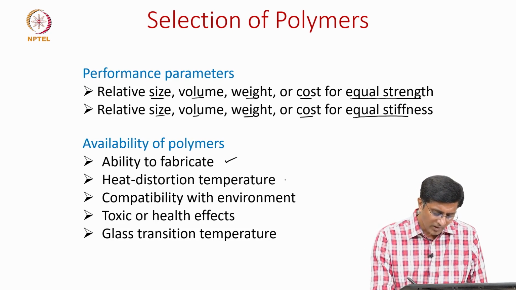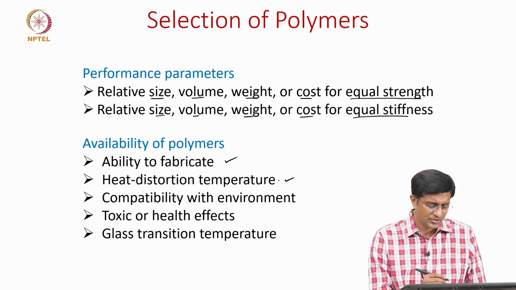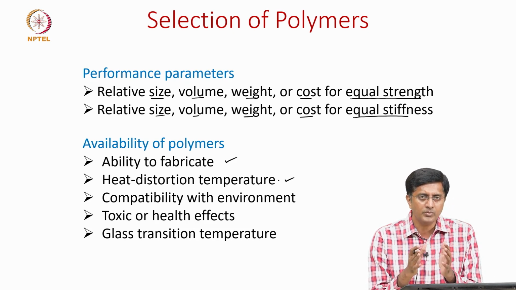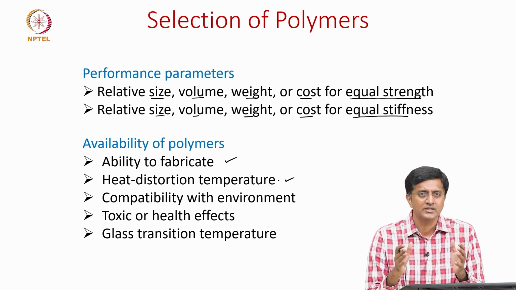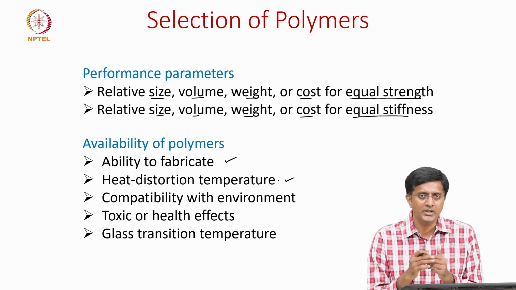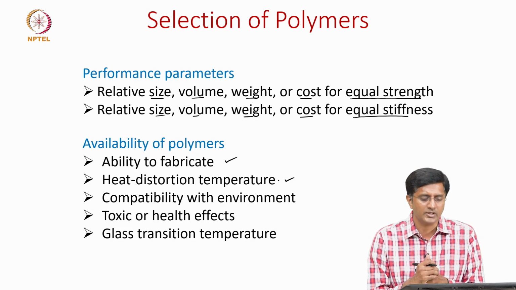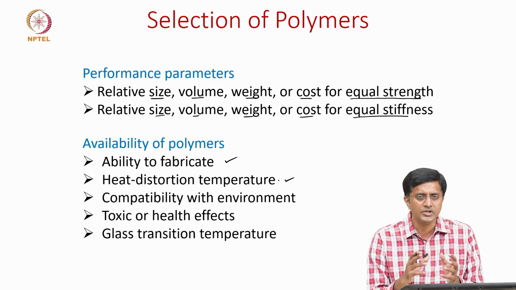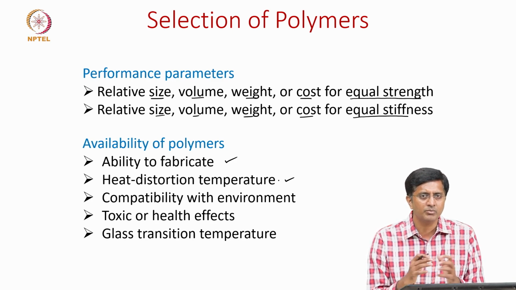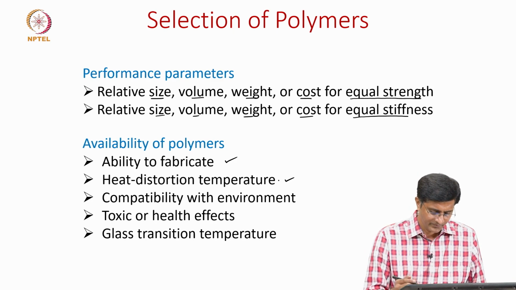And then we have other issues like heat distortion, because as we know, for polymers the CTE or the expansions are large compared to metals, meaning the shape or the size of the component changes with changes in the temperature. So, we need to see what is the distortion of this component because of changes in the temperature and see whether they are within the permissible limits.